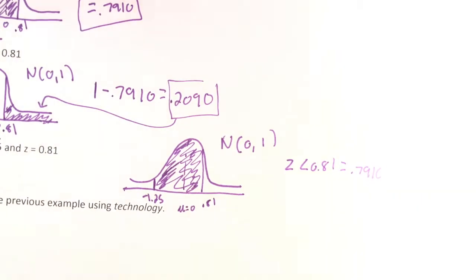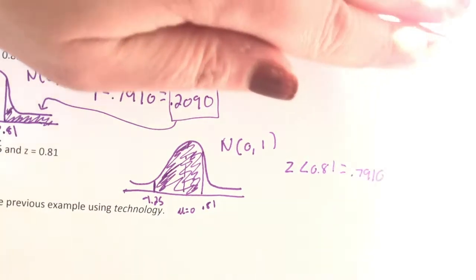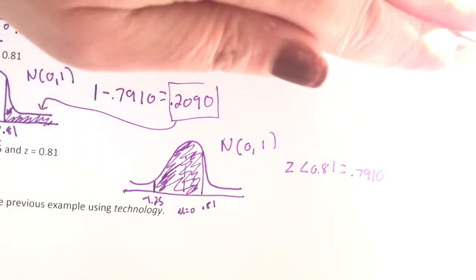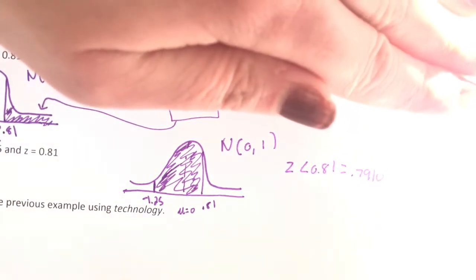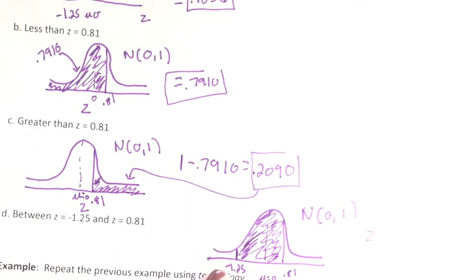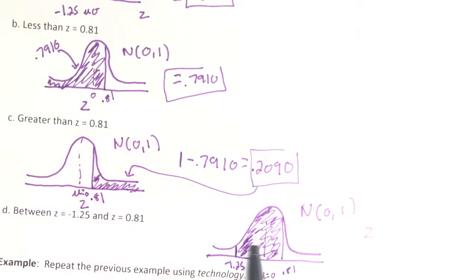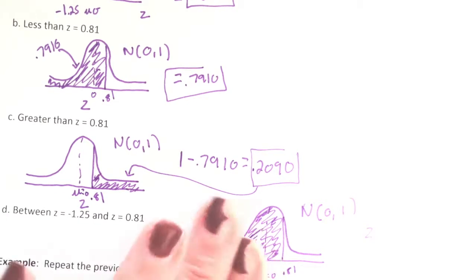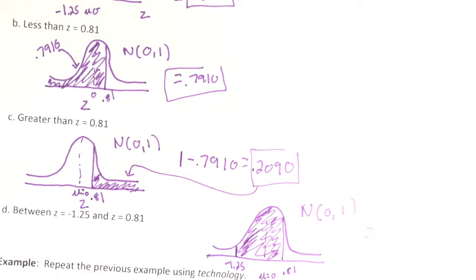Now, basically what we want to do is get rid of a piece. We know everything to the left of here is 0.7910. Maybe we can get rid of this little piece right here, subtract it from there, and we would have our final answer.